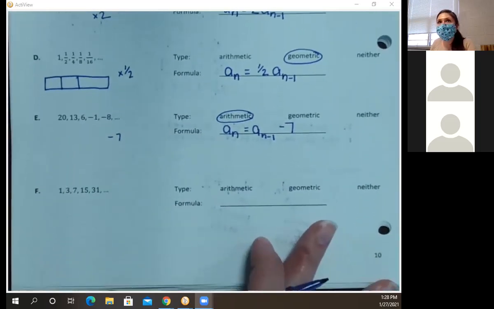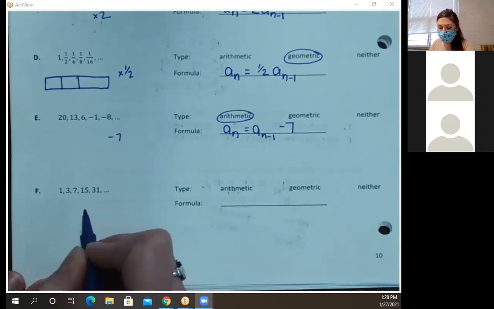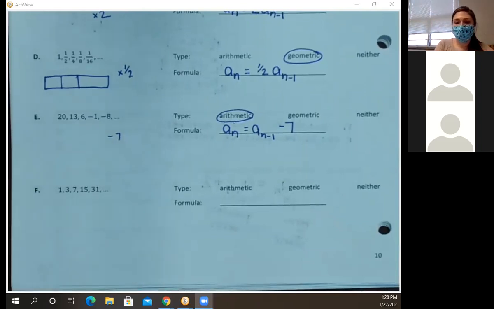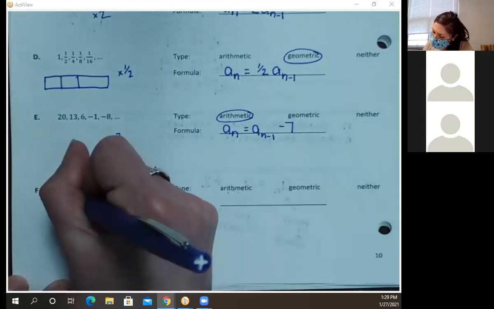And our last example on this page, 1, 3, 7, 15. What are we doing there? How could I get from 1 to 3?